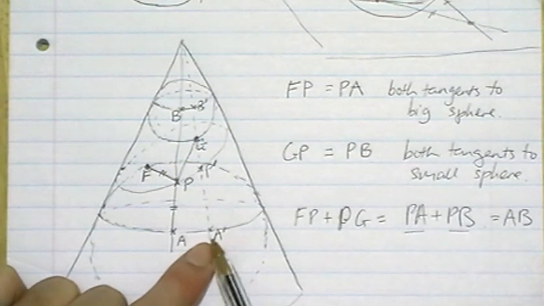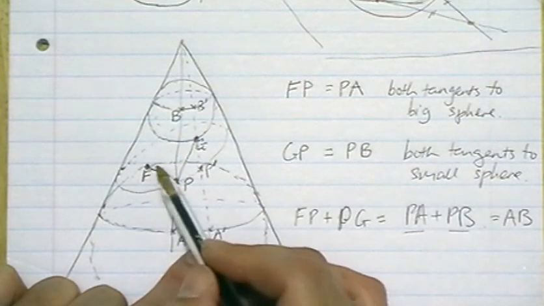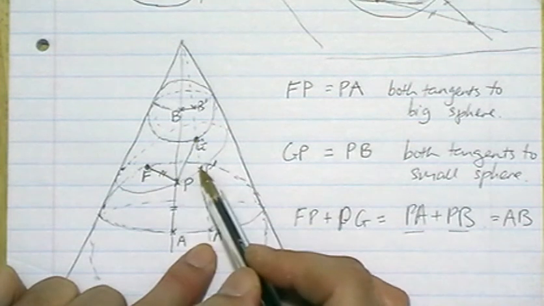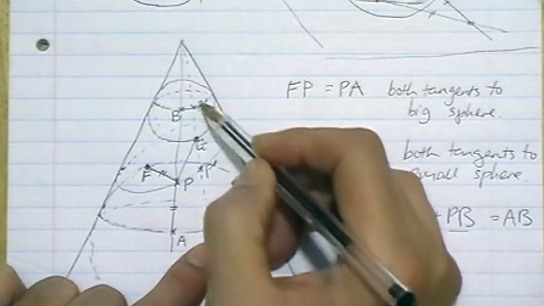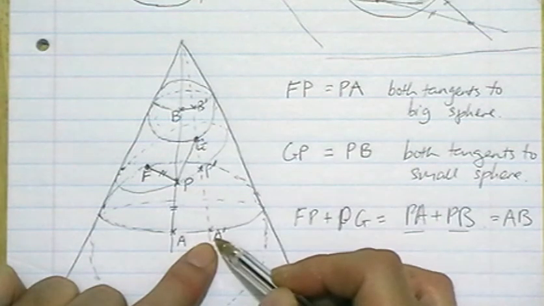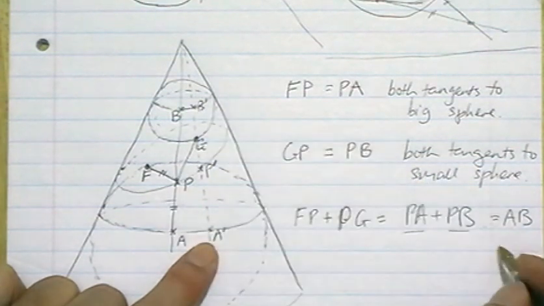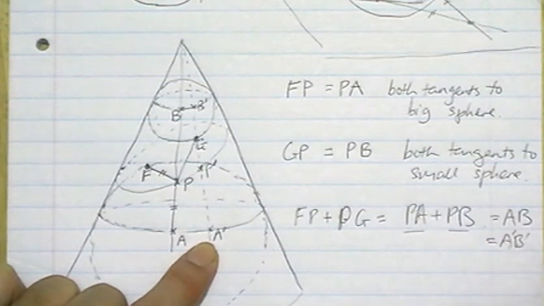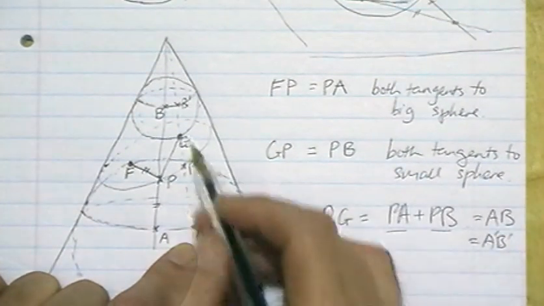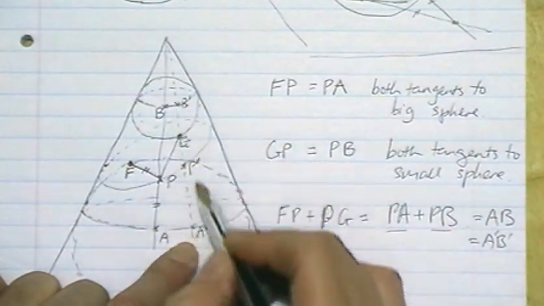So this time, the sum of the distances from F and G would be equal to A prime B prime. But A prime B prime is this distance.